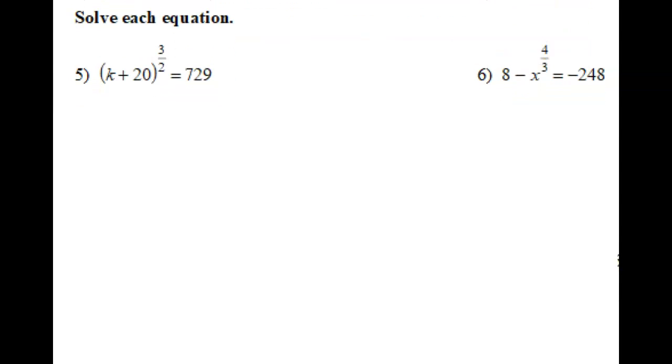Number 6. Now, number 6, we're being asked to solve again, but this time we're being asked to solve an equation that involves rational exponents. So the first thing we want to do is get rid of the numbers that are not under the influence of the power. In this case, my 8 doesn't have any power affecting it, so I'm just going to move that to the other side here.